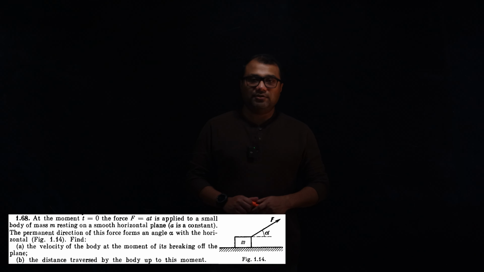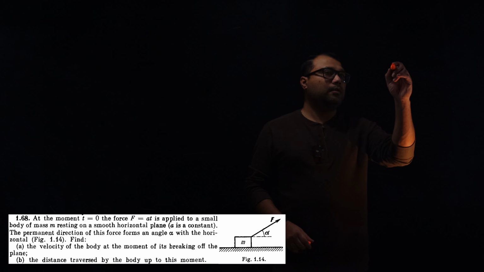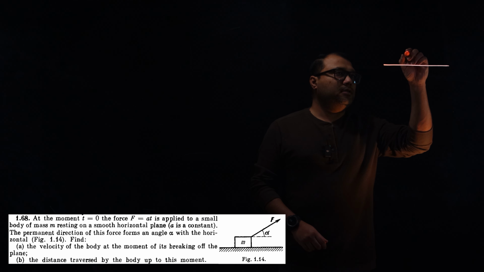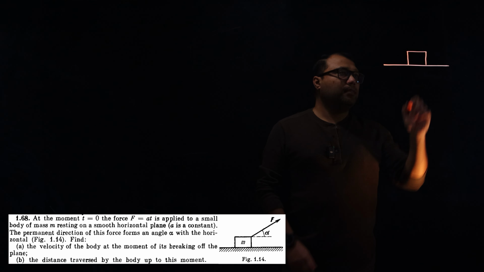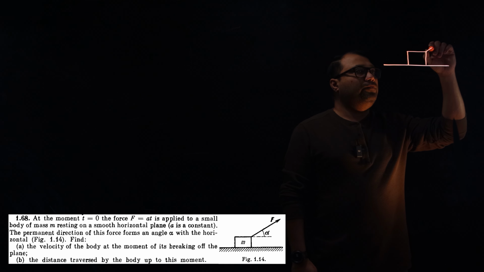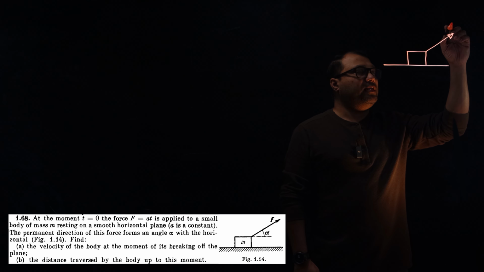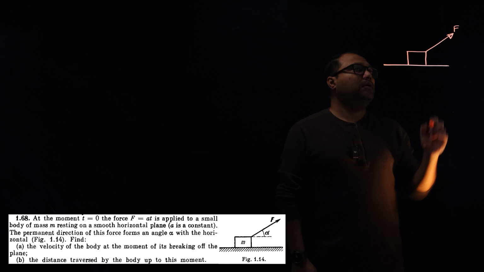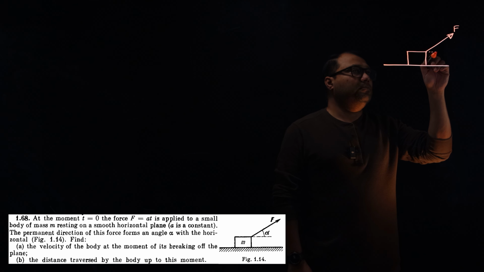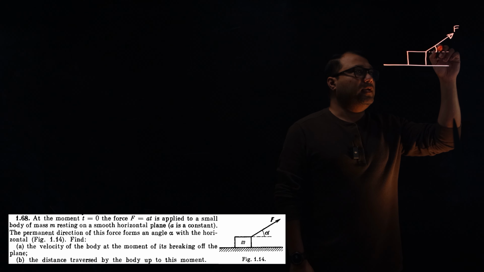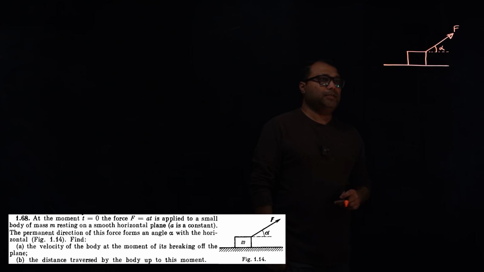Okay, we'll start with the diagram. So here's a mass m and a force, which is a variable force, is applied on this mass and it makes an angle alpha in this direction.